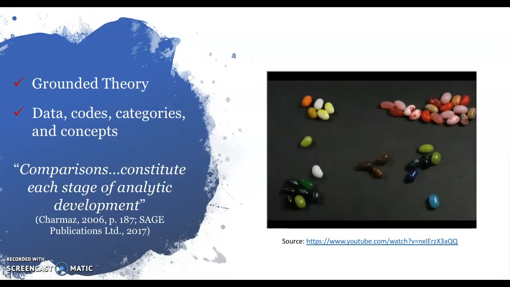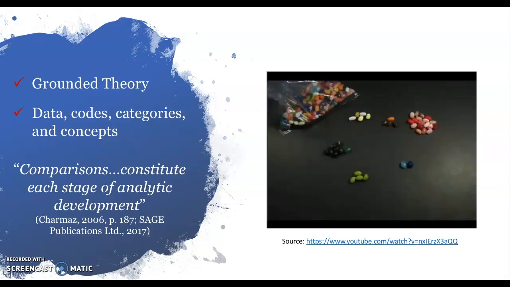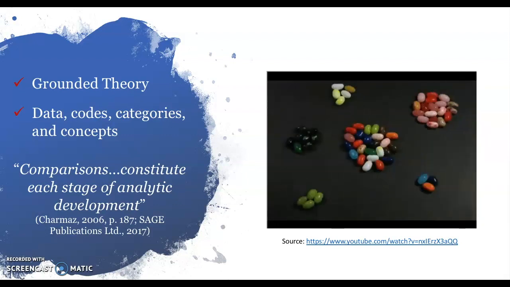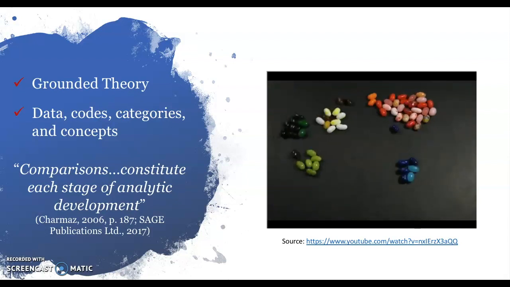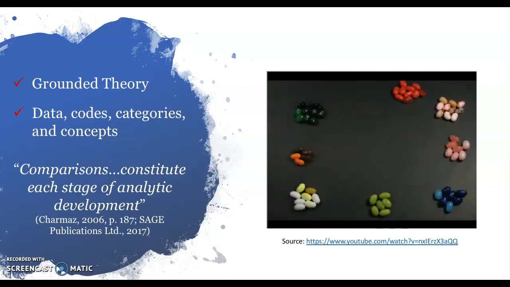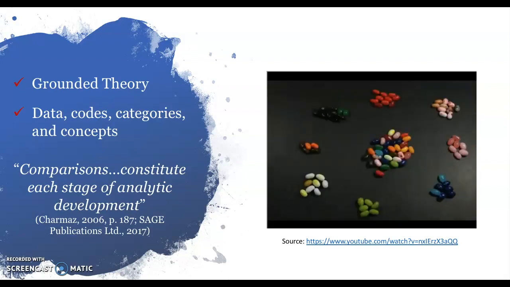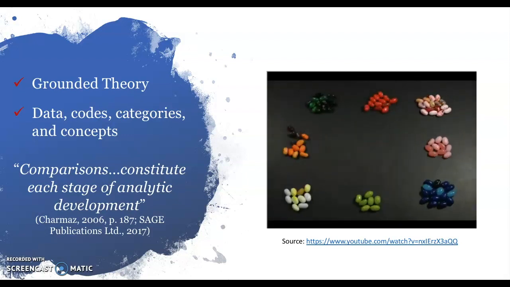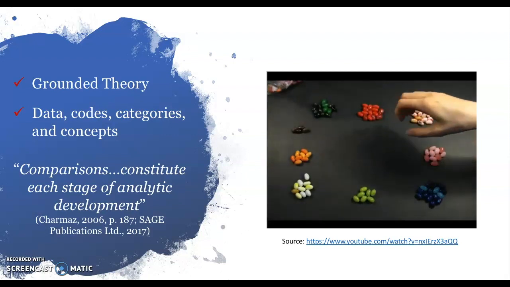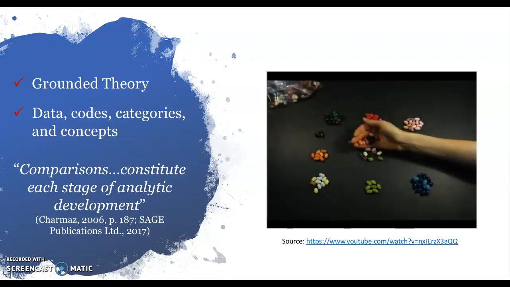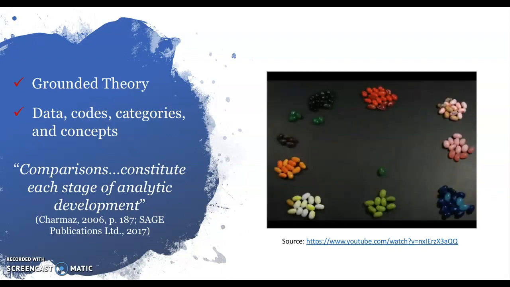Data form codes. Codes are grouped into categories, and information from categories is abstracted to generate concepts. In the words of Kathy Charmaz, comparisons constitute each stage of analytic development. So you see, constantly comparing data against itself helps in making necessary connections.